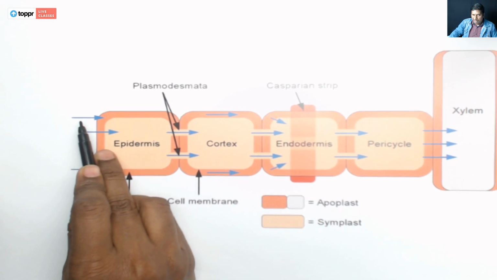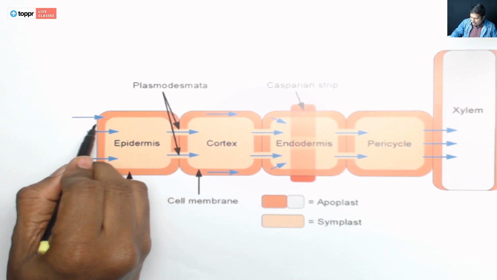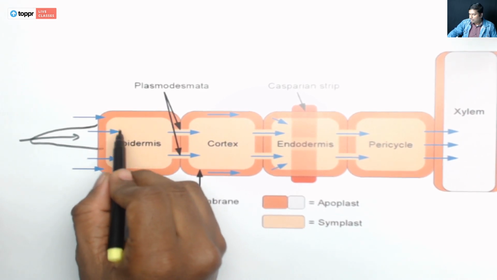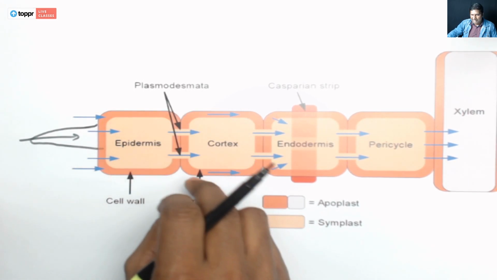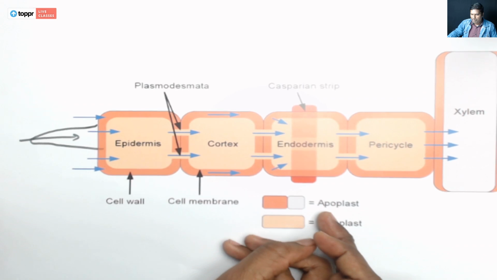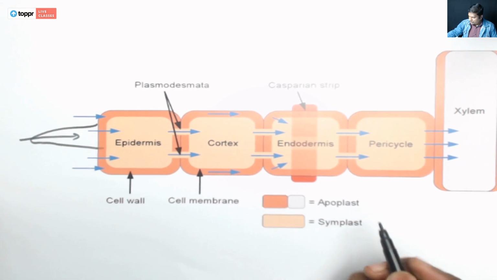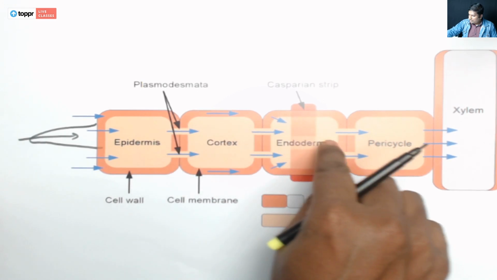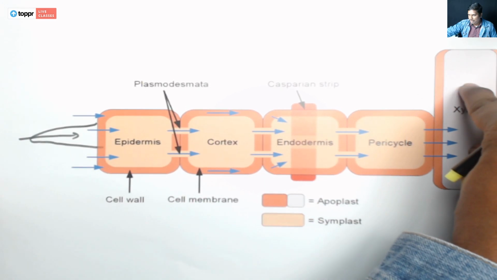You see that the water is coming in through the root hairs, entering the epidermis, and by the apoplastic or the symplastic pathway the water reaches all the way to the xylem.